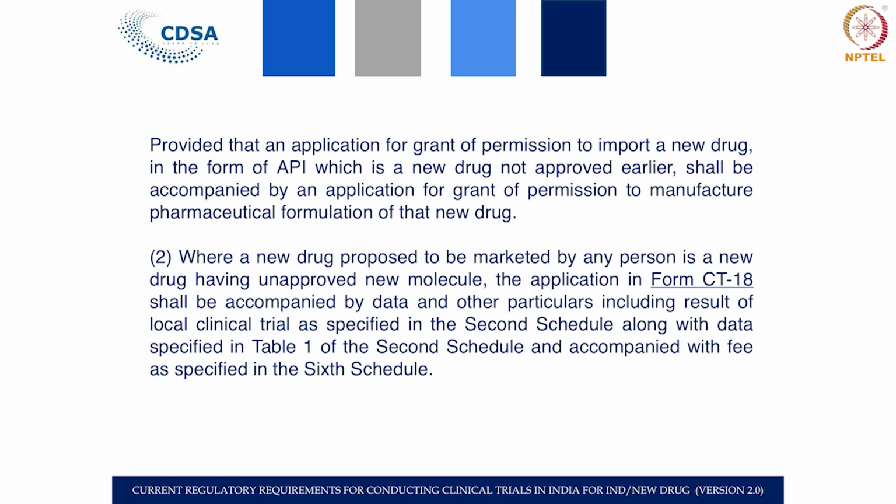Coming to the drug which is already approved as a new drug in the country, but still attracts the definition of the new drug, that means it falls within the 4 years period. In such a case, the documentation is given in table 2 of the 2nd schedule. And when it falls under the other definition of the new drug, that means it is now already permitted for certain claims and you are proposing to market this drug for another new claim or new indication.